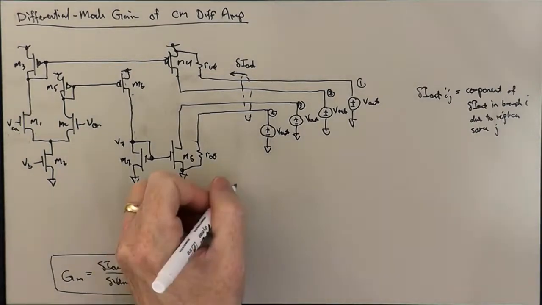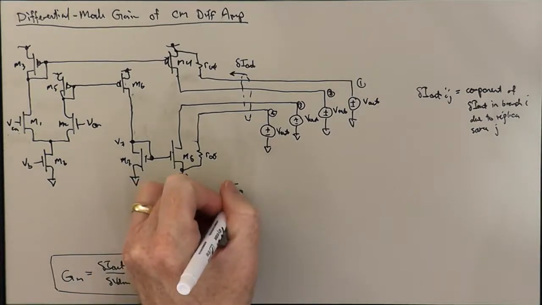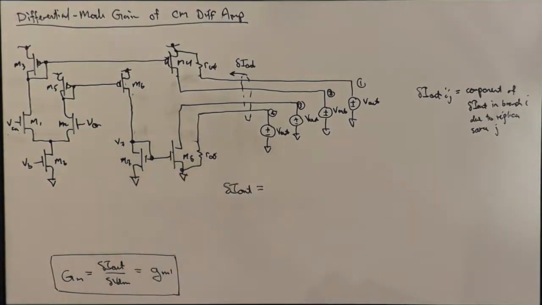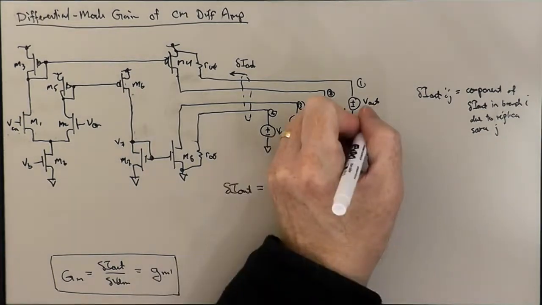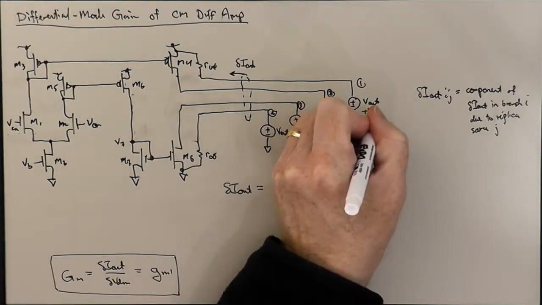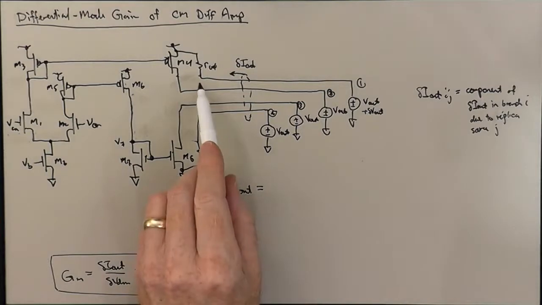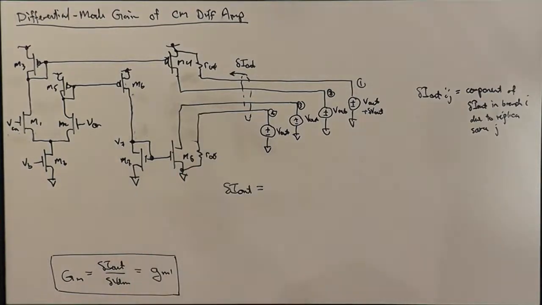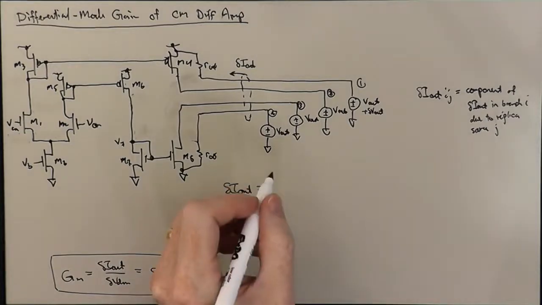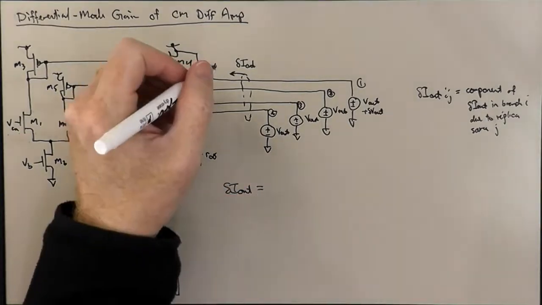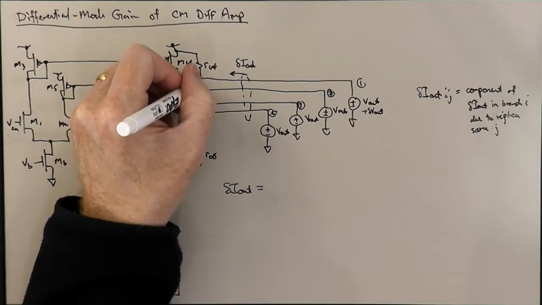And so delta I out is equal to the superposition of all these components. And so let's apply our delta V out to branch 1. Well, we're talking to an early effect resistor, and if we change the voltage across a resistor, it's going to change the current. And so the current delta I out 1,1 will be non-zero.